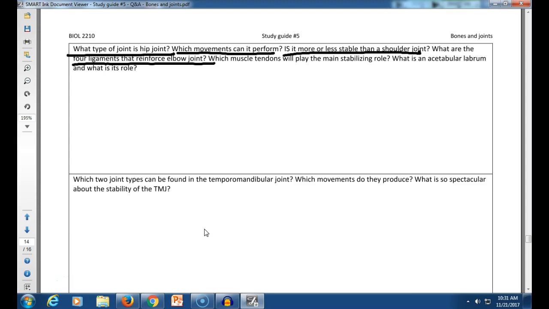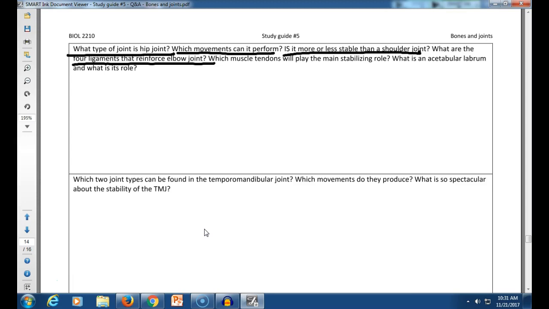Muscle tendons. When I say muscle tendons, you have to think about muscles. So muscles responsible for the hip movements, practically all of them: extensors and flexors, adductors and abductors of the knee. Oh, not the knee, the hip, of course, I'm sorry.